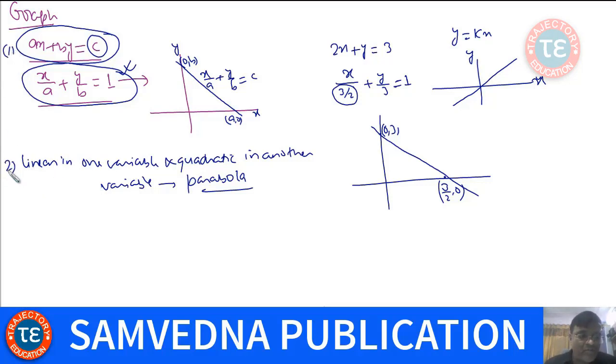Now, I was telling you, this was one point. The second point was, if you have an equation which is linear in one variable and quadratic in another variable, then you call it a parabola. This is a parabola, right?